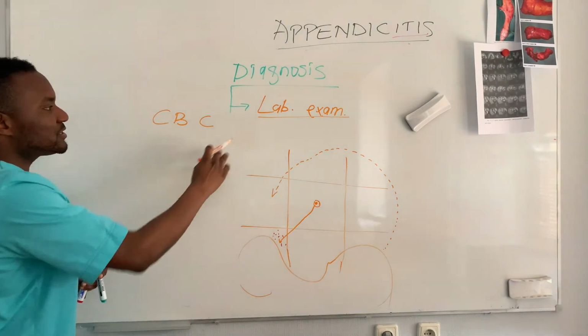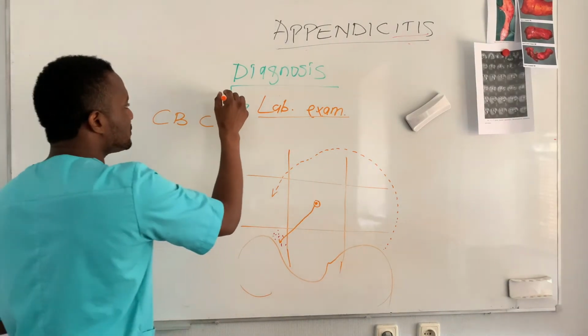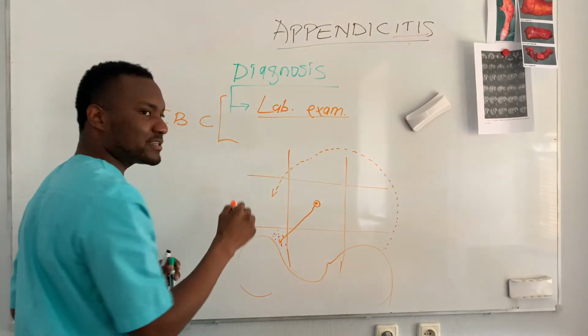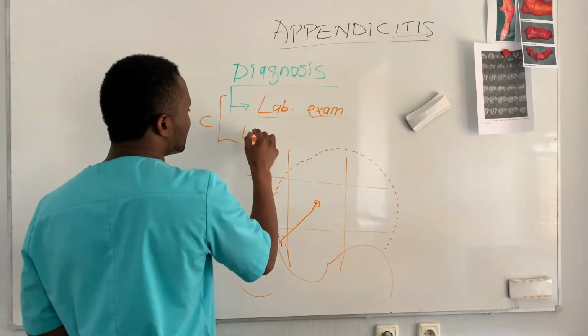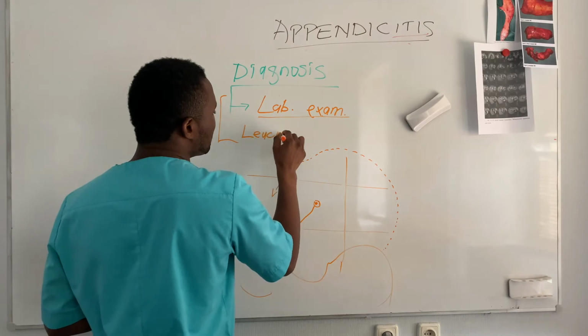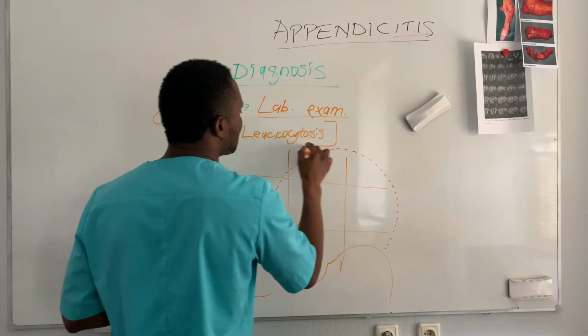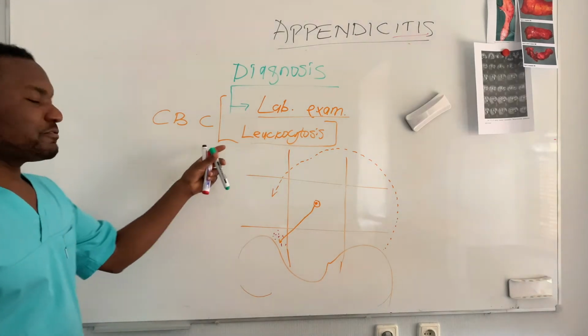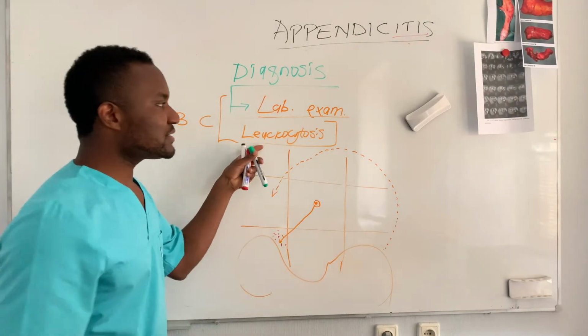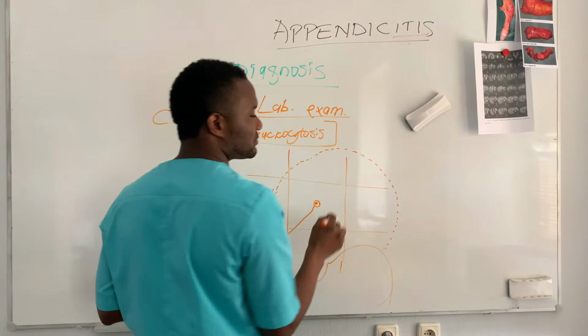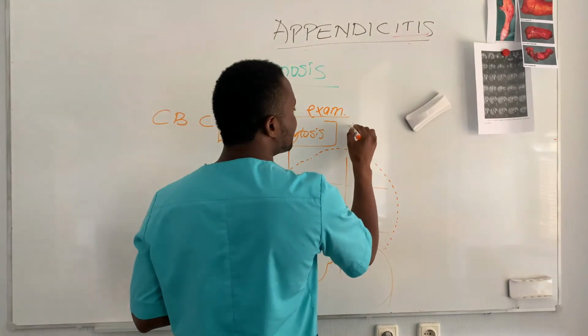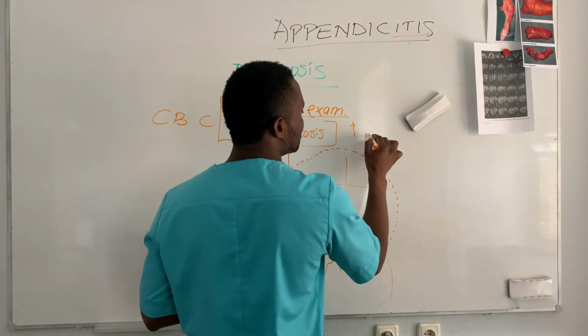When you order CBC, you look out for increased white blood cells, clinically known as leukocytosis. However, in a lot of cases of appendicitis, the leukocytes can be normal. So it can be slightly increased or normal.